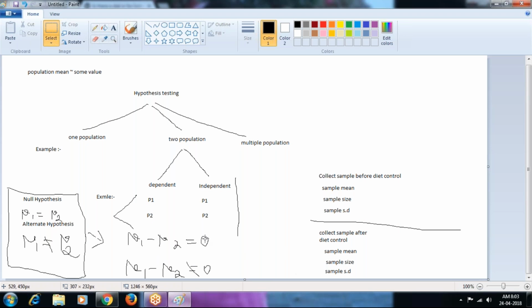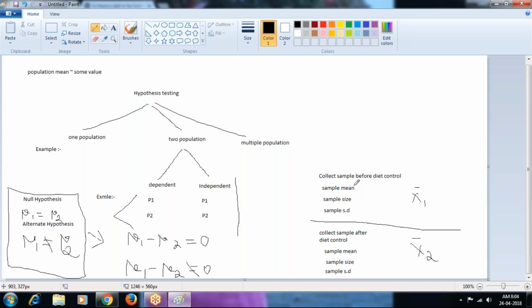The difference of means of two dependent populations follows a normal distribution. Following a normal distribution means the difference of x1 bar and x2 bar.